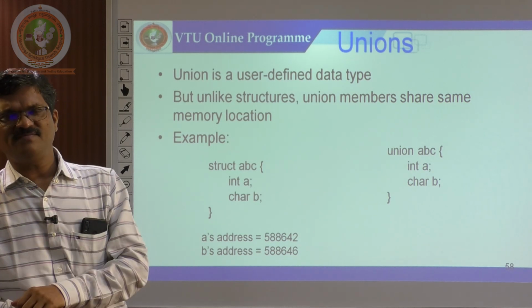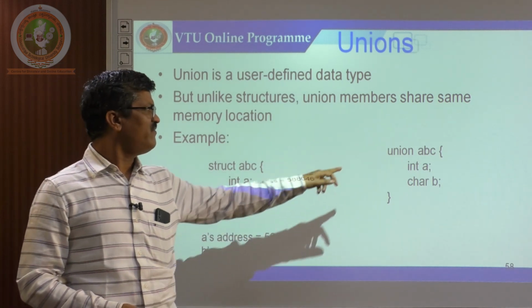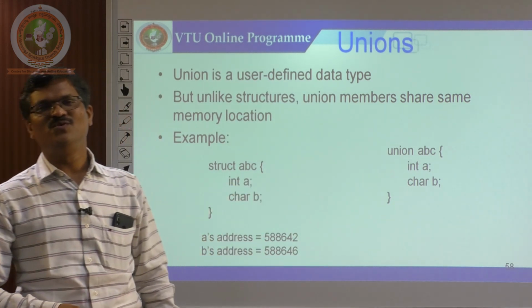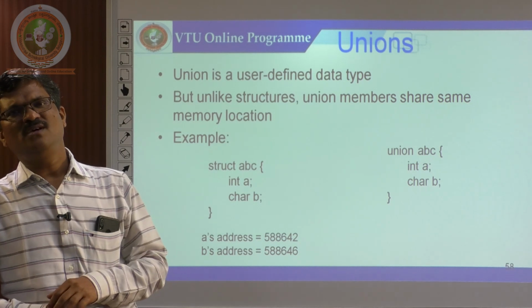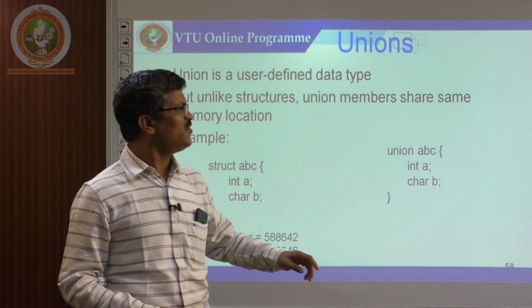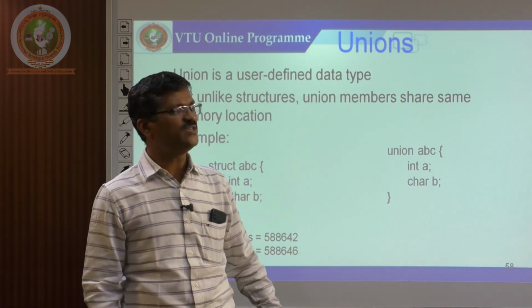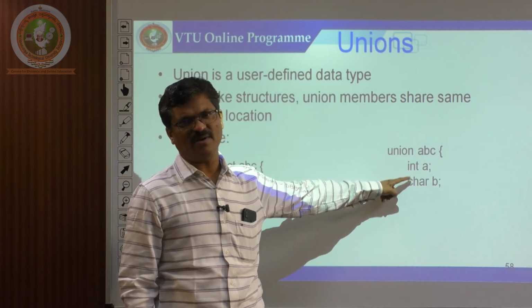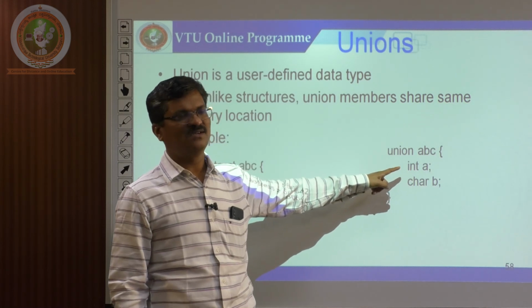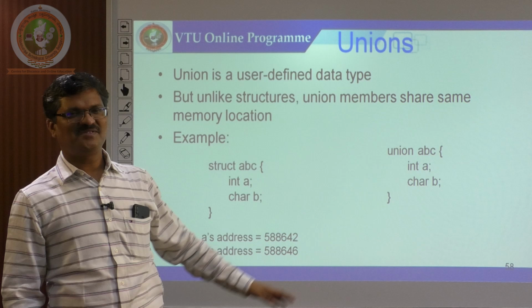Whereas, if I look at the address of A and B with respect to the union, as I told, the memory will be allocated to the largest member of the union, and A is larger here because B is 1 byte and A is 4 bytes. Since they share the same memory location, see the address now.